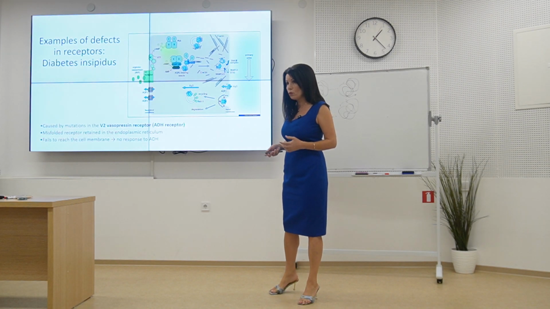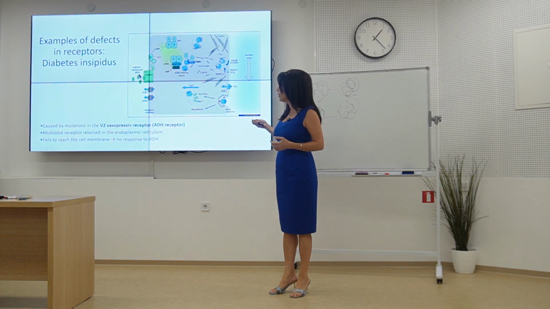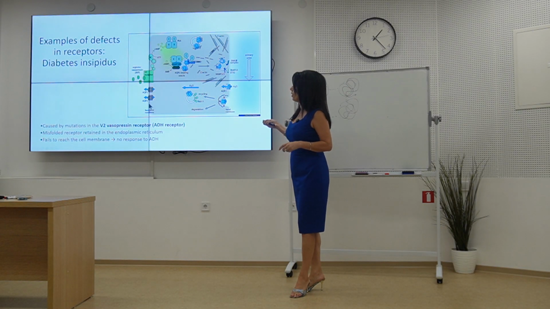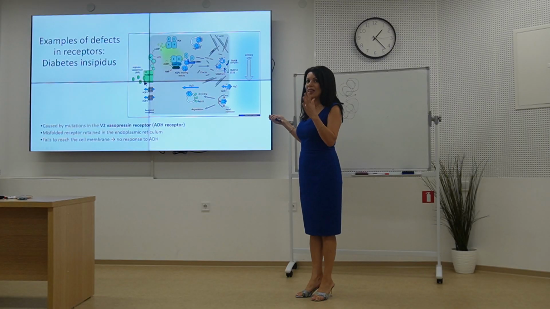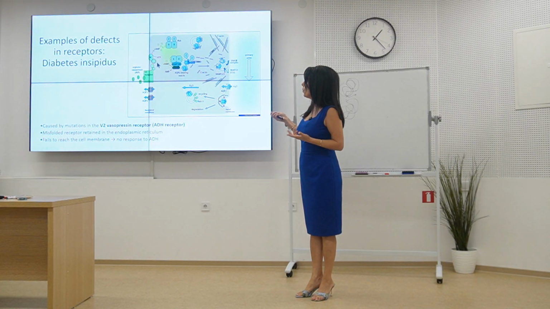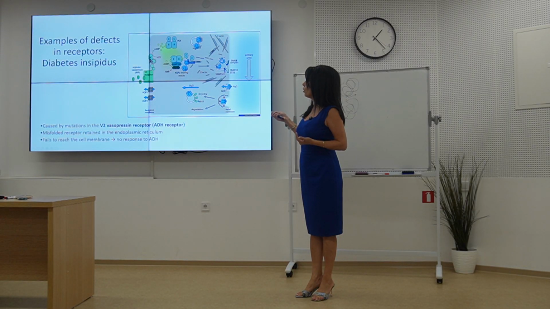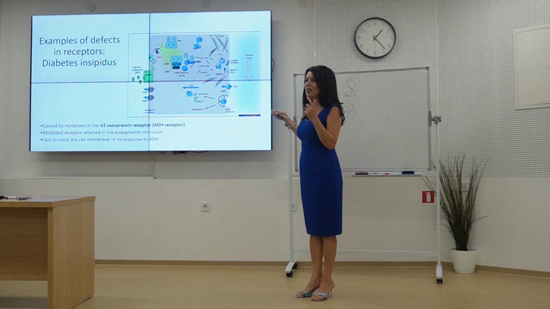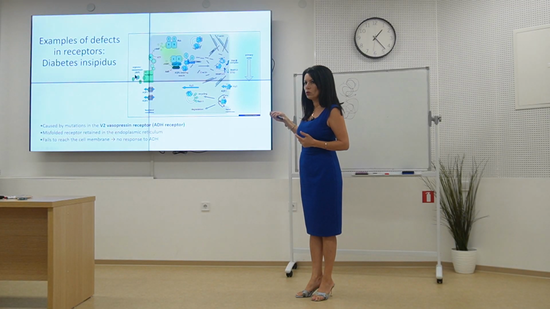The consequence will be no recognition of the hormone, which means no signaling pathway. If the receptor is intact, with correct folding, the signaling pathway will be activation of one enzyme, which is called adenylate cyclase. After that, degradation of ATP to cyclic AMP, which is the second messenger of this hormone.